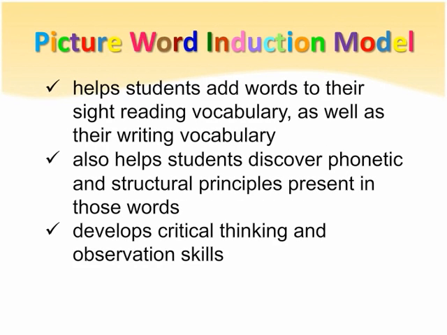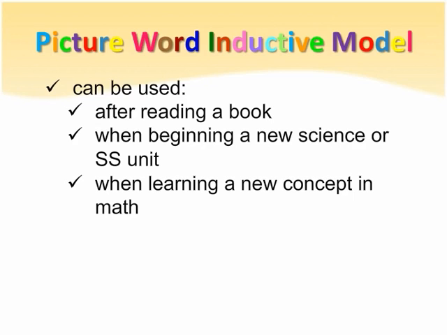It helps students to add words to their sight reading vocabulary as well as their writing vocabulary. It also helps them to discover phonetic and structural principles present in words. As a plus, it develops their critical thinking and observation skills. It can be used after reading a book, when beginning a new science or social studies unit, or when learning a new concept in math.